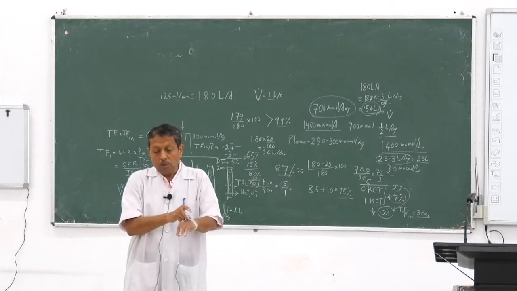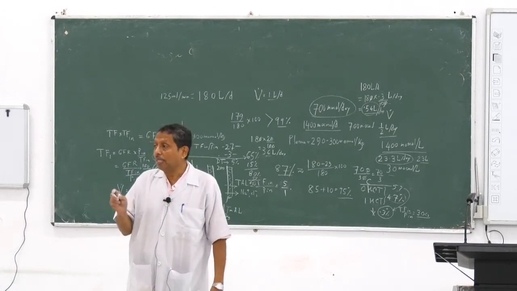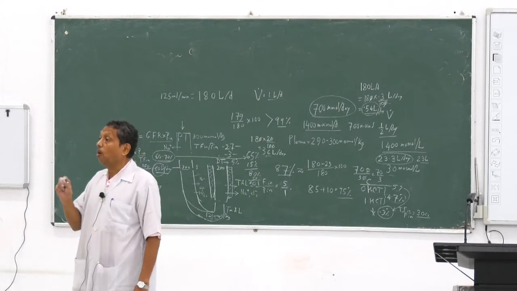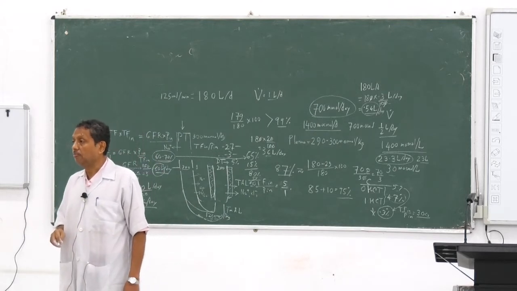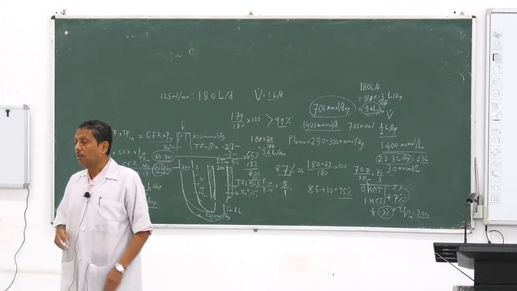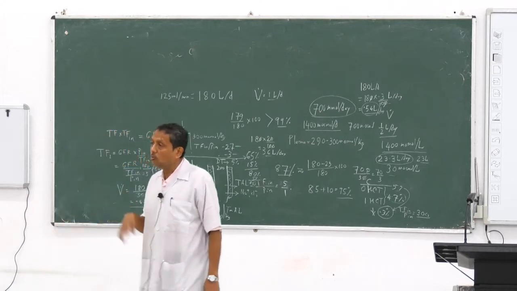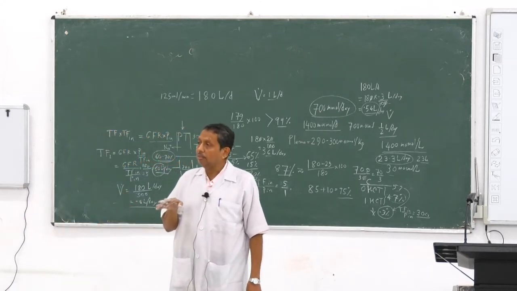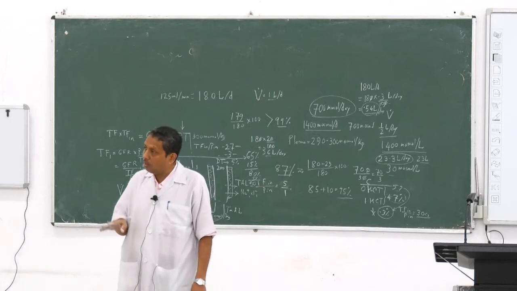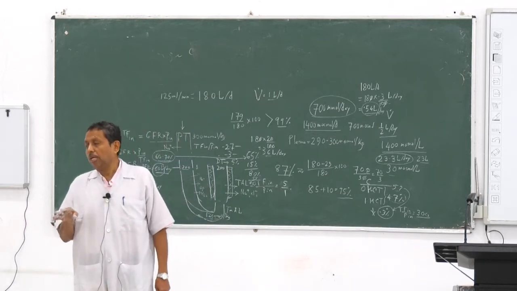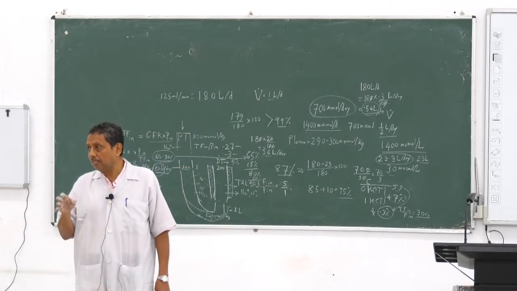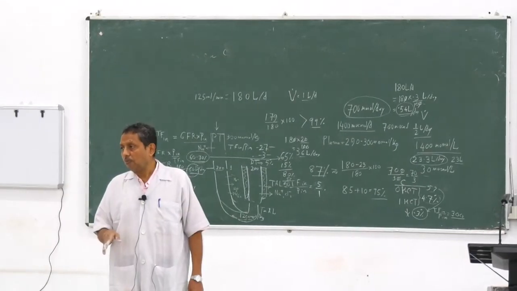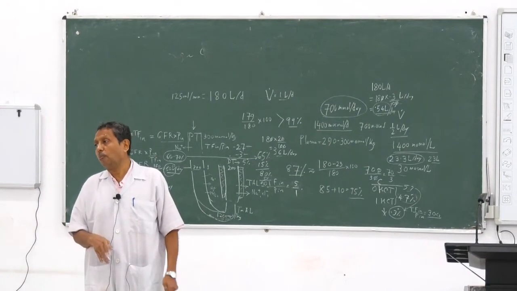Now in the proximal convoluted tubule and other parts, there are water channels, they are called aquaporins, and they have their role. Water can go through the paracellular route, but whenever this necessity arises, then it must flow by facilitated diffusion through aquaporins.